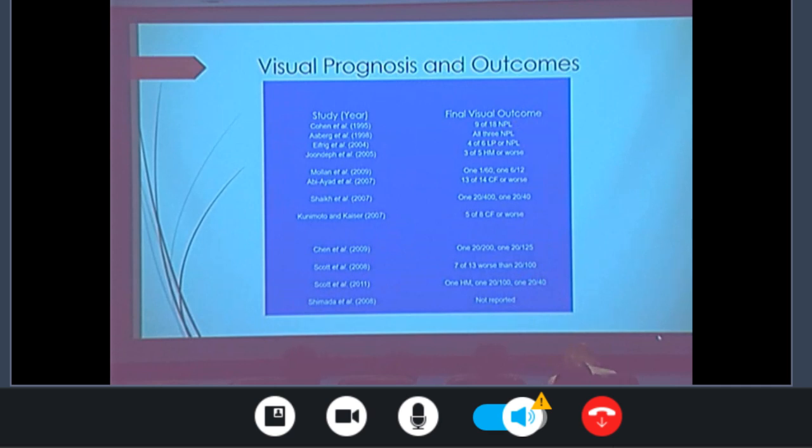However, the majority of the cases have hand motion vision or worse, with a very large number of the patients reaching no light perception. Like in Cohen's case, 50% of the patients ended up with no light perception. All three in Auberg's case, no light perception. 4 out of 6 with AFrig, light perception or worse. So it's very frequent to have severe visual loss, unfortunately, after this.